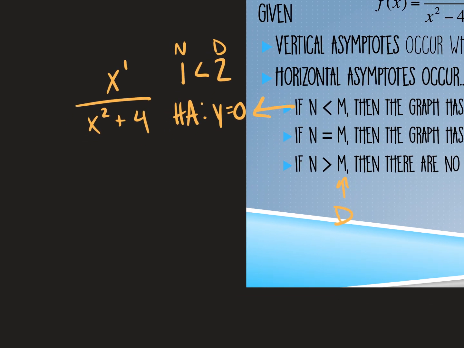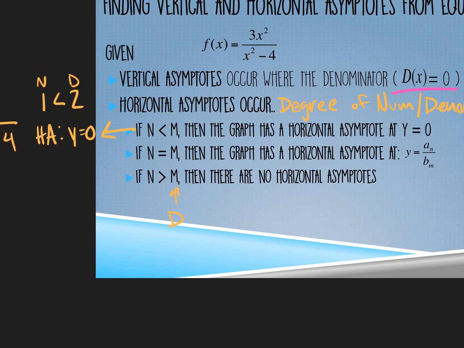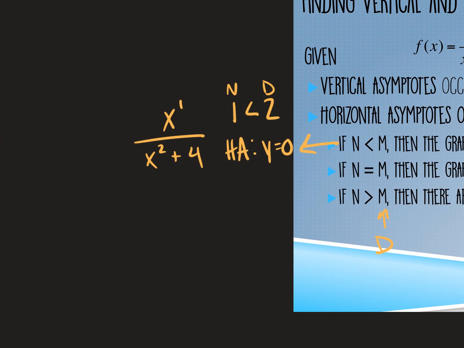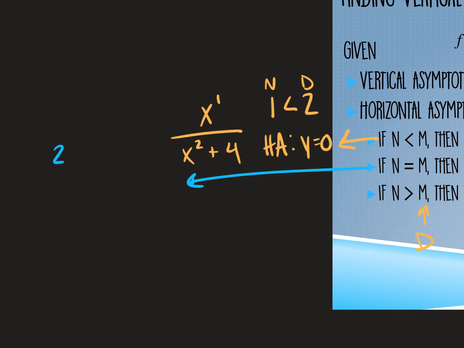If the degree of my numerator is equal to the degree of my denominator, then I'm looking at the leading coefficient. So I'm going to do that one over here. Let's say I had 2x over 3x plus 1. So what's the degree of my numerator? 1.